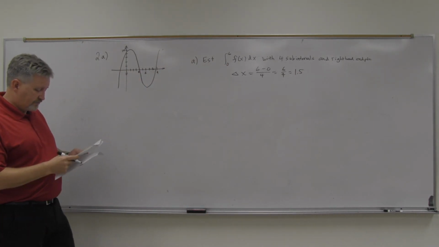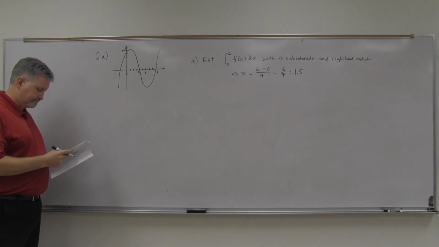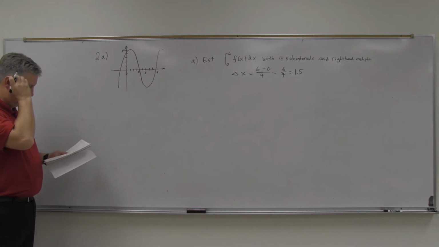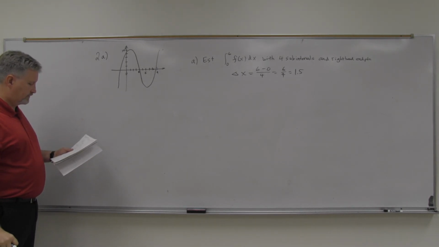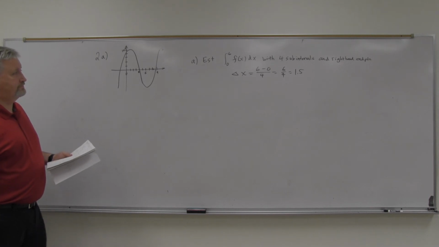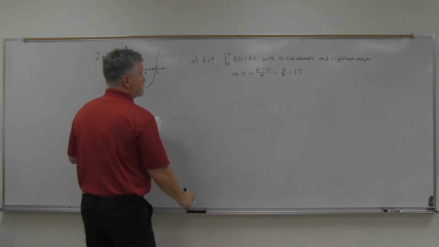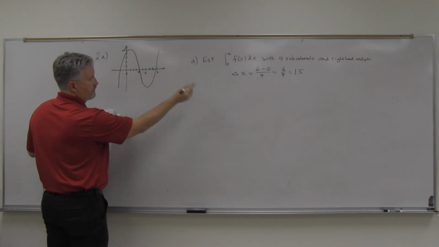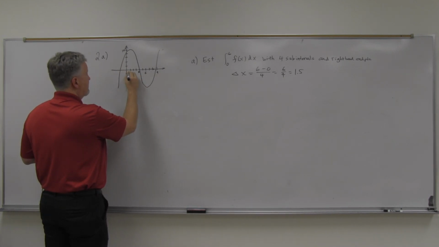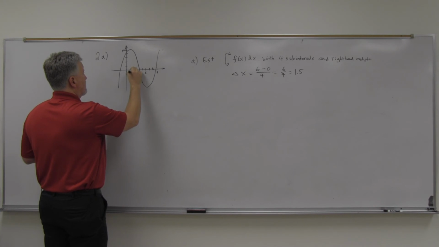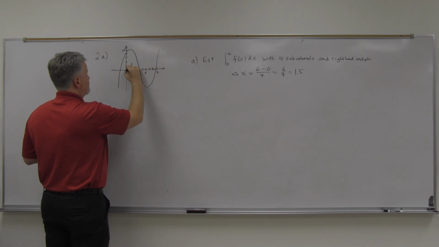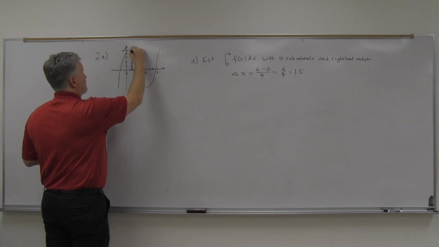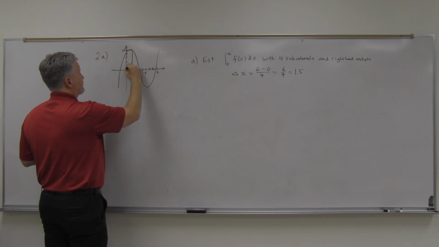We use right-hand endpoints. So first, start at 0, go to 1.5. Using the right-hand endpoint, that one's going to be that.